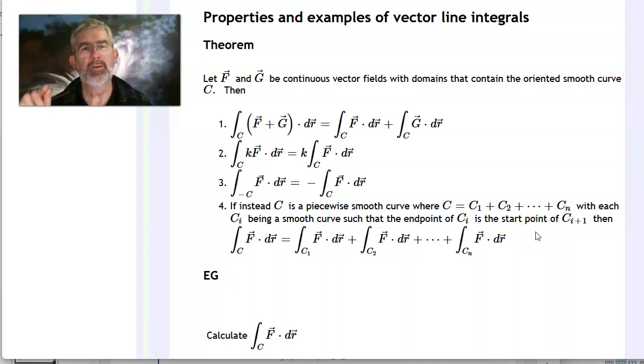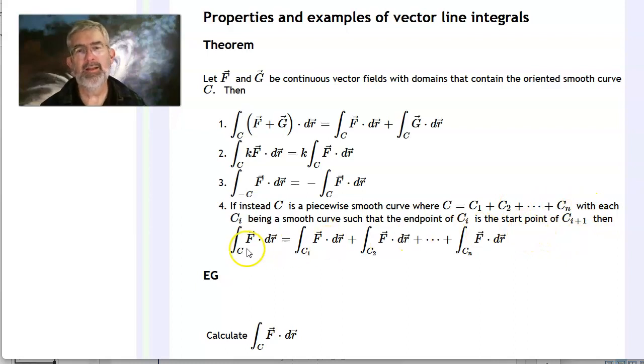So you move along C1, and then maybe you take a sharp corner, and then move along C2, and then maybe there's a sharp corner again, and you move along C3. This allows C to be not smooth at at most a finite number of points where it has a sharp corner. But in between those sharp corners, it is smooth, so those are the smaller pieces.